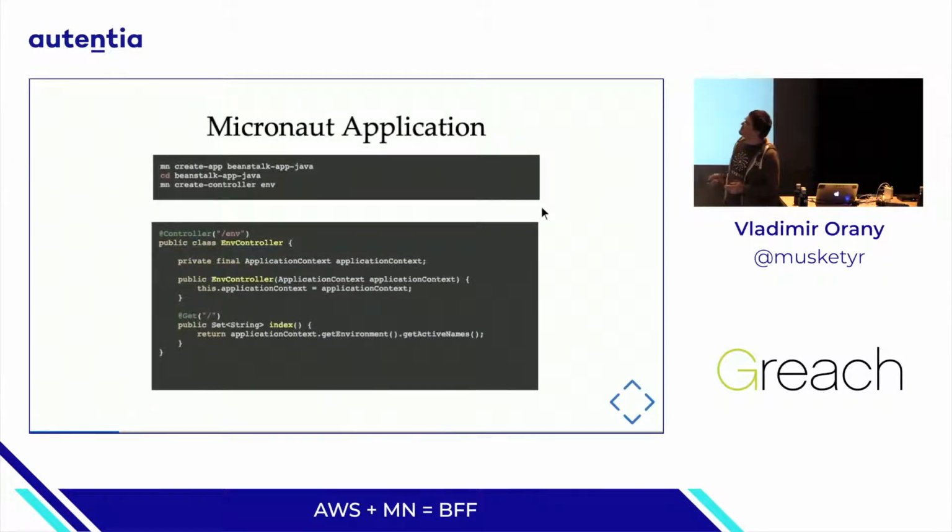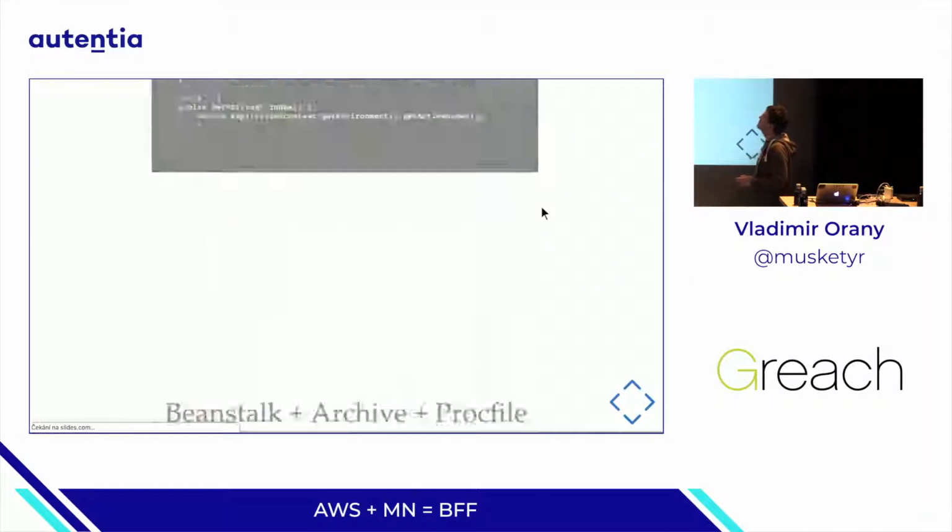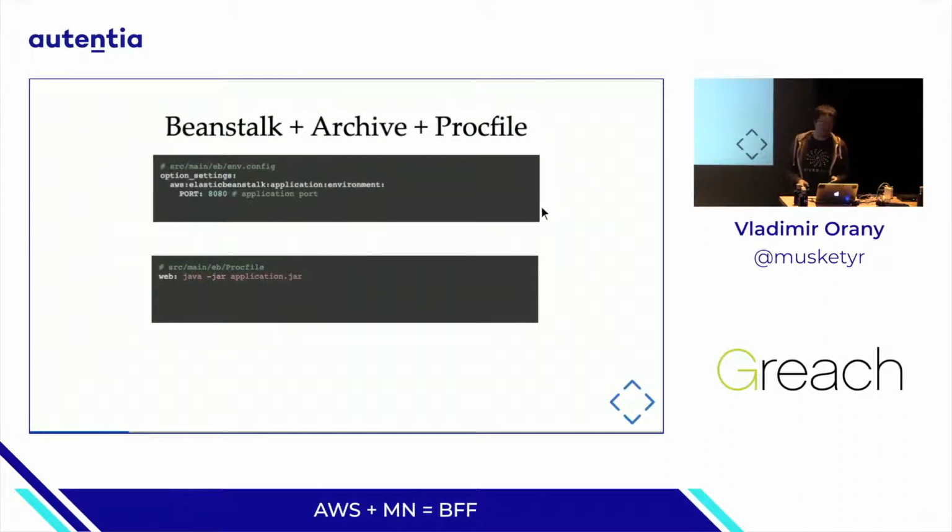So the other way is you can create some other files, which tell it you don't want to run on 5000, so you don't have to update your application config. You just say, okay, this application is running on port 8080. And then you have this special file, which is called Procfile. And then you just say, okay, I have a web application, and I'm running this application jar.